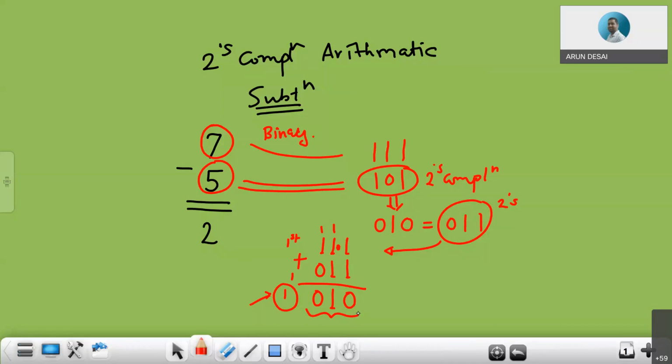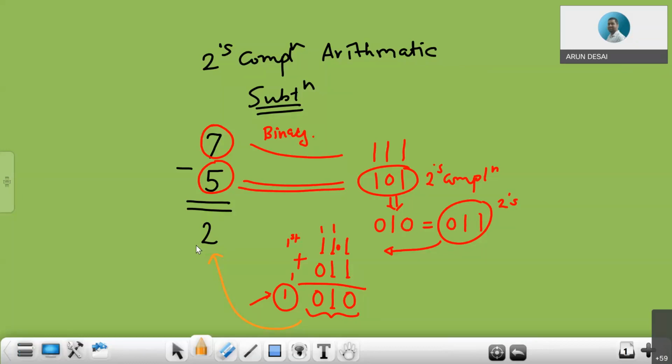Exactly, it is 2. So the number is 2, right? So if a carry is generated, the result is positive and you need to discard that carry and keep that number as it is because the result is in correct binary form. If you want, you can convert that binary number into the equivalent decimal number, right? So this is a simple arithmetic in the two's complement method.